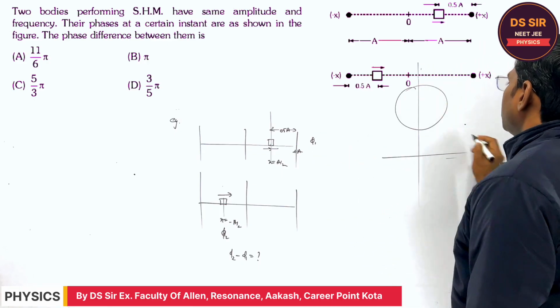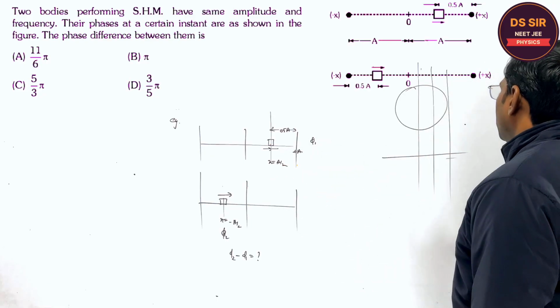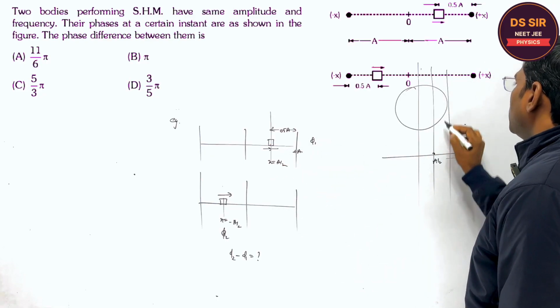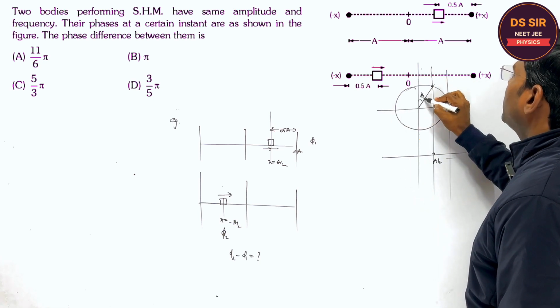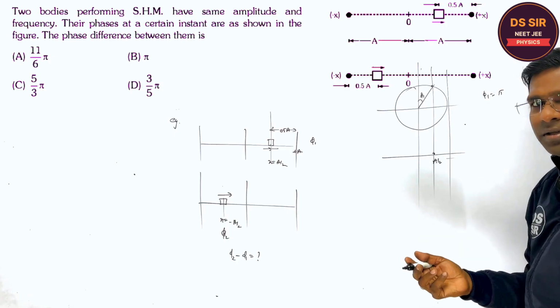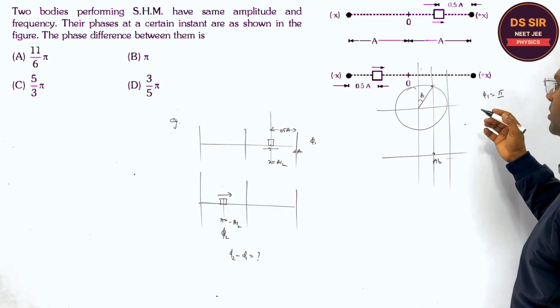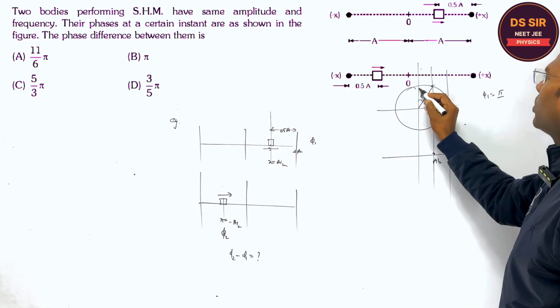Yes. If this is the first particle at a by 2, right? So many times I have done. So this is the position of this particle. And what is this angle? Phi 1. Please tell.